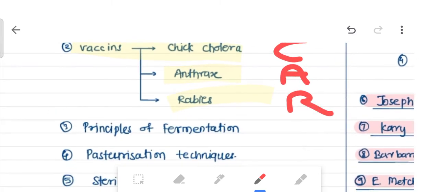Then the principle of fermentation. Fermentation is used for differentiation and identification. Fermentation means utilization of carbohydrate, sugar, by the organism in the absence of O2.